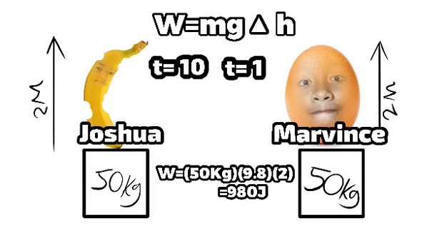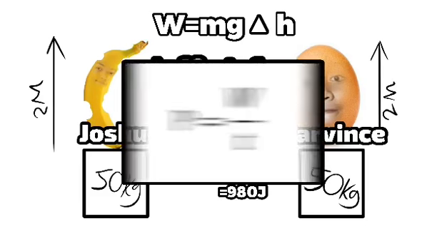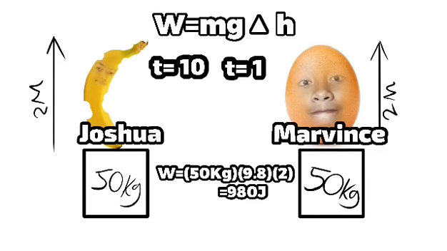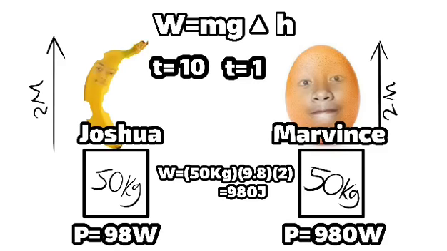To solve that, we use the power equation: power equals work divided by time. In Joshua's case, the answer is 98 watts, while in Marvin's case it is 980 watts, since 980 divided by 1 is 980, and divided by 10 is 98.